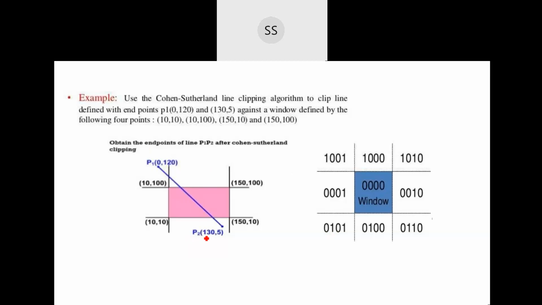When I did the logical AND operation, I got all values as 000. Since I got 000, what did I understand? That line is said to be passing through the window. As the line is passing through the window, it requires clipping. Now the step I am going to show is the clipping operation.